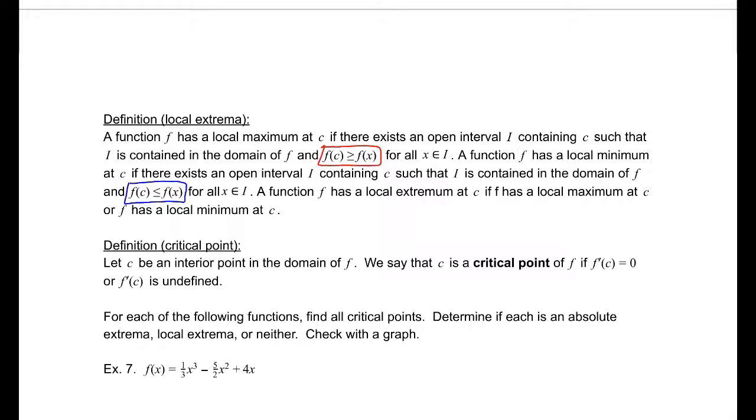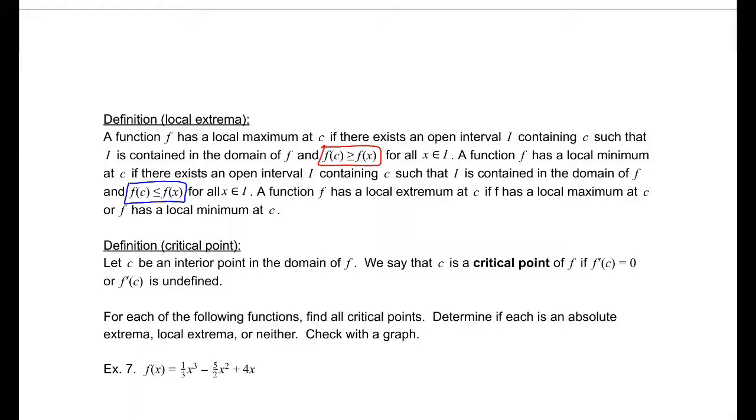All right, now we define what a critical point is. A point c is a critical point of f if f prime of c equals 0 or f prime of c is undefined. Now, there is a theorem called Fermat's theorem that says if we have a minimum or a maximum on an interval, it is going to occur at a critical point or an endpoint if we have a closed interval.